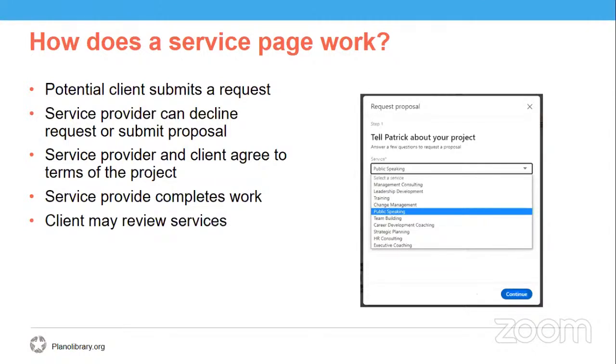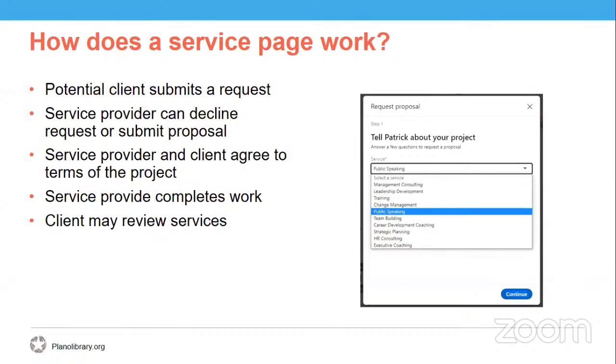As the service provider, you can respond with more information and your proposal if you're interested in working on their project. Once you and the client come to terms on the project, you can complete the work. Any payment arrangements are handled based on your typical process outside of LinkedIn. When the work has been completed, you can request a review or recommendation of your services.